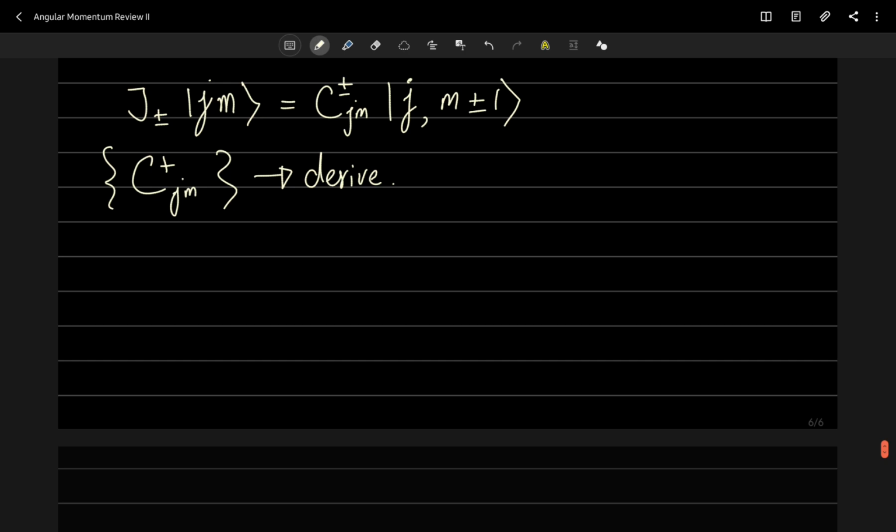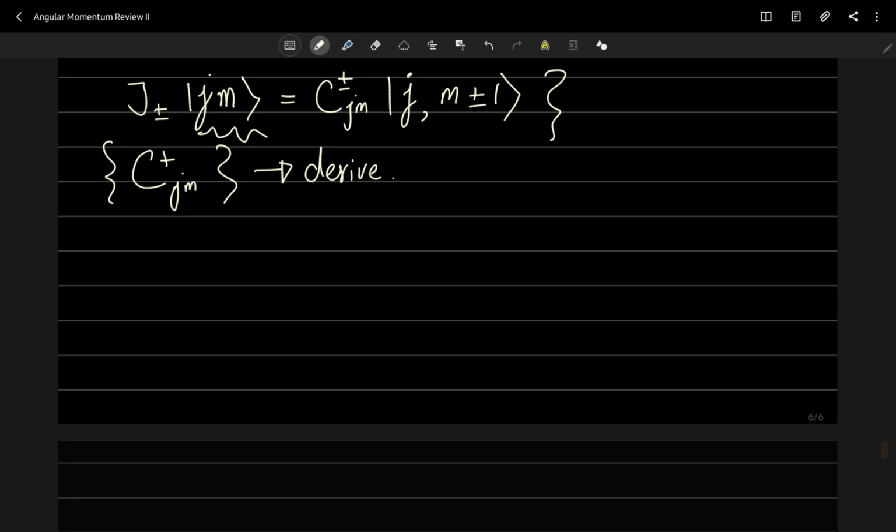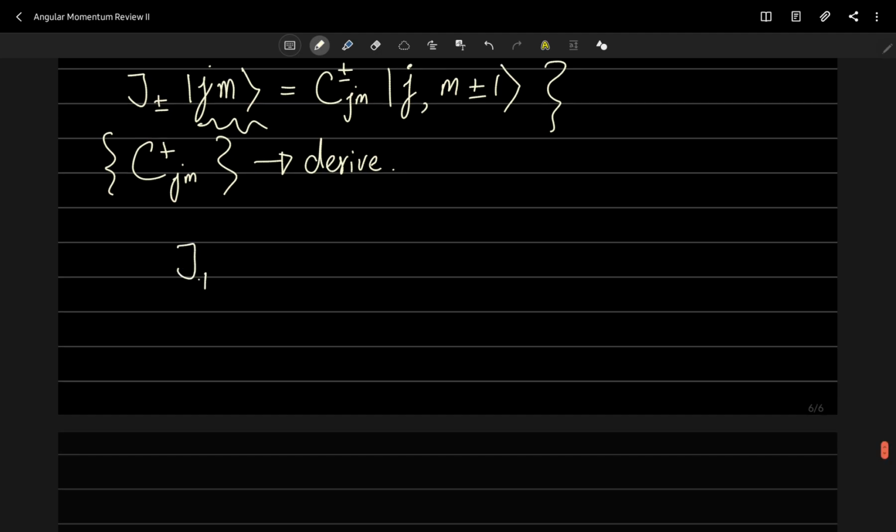Now since these |jm> states are normalized, we can use this equation and write down that J plus on |jm> is equal to C plus jm times |j, m plus 1>.